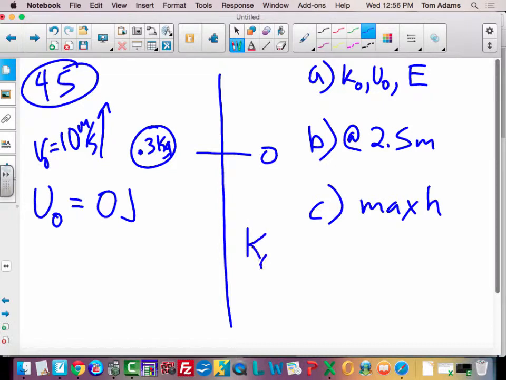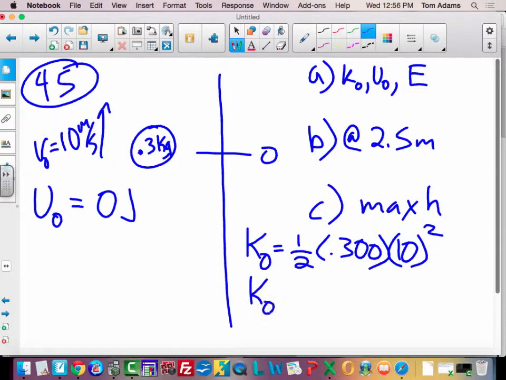The initial kinetic energy is just 1/2 times the mass times the velocity squared. If you plug that in a calculator, you will end up with, I think, 15 joules.